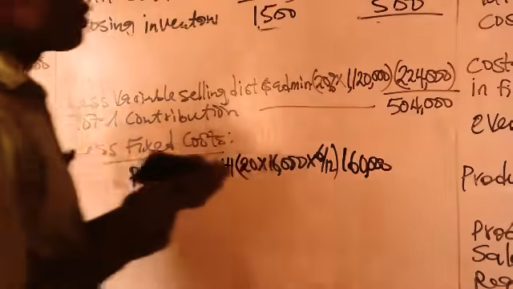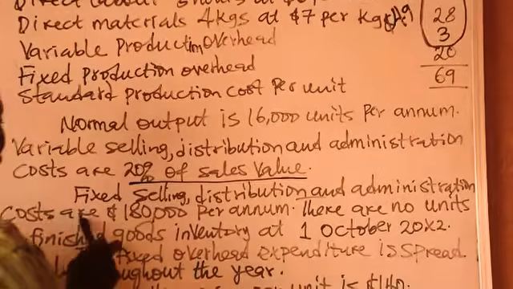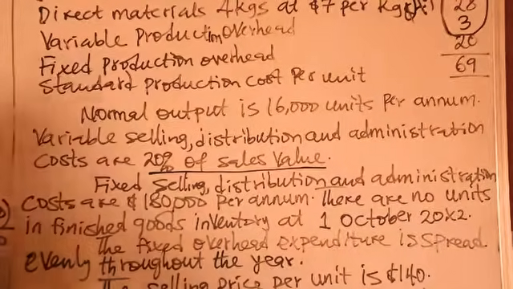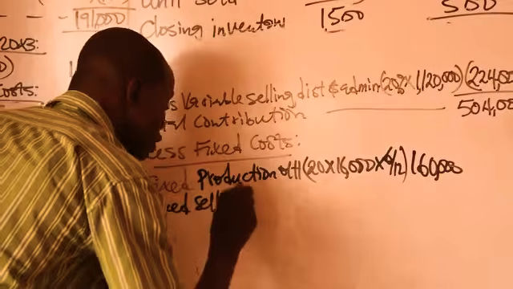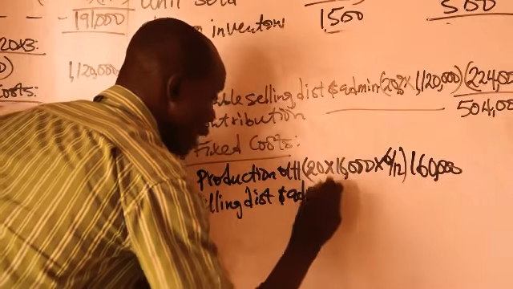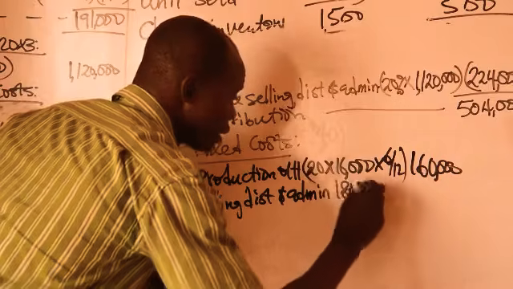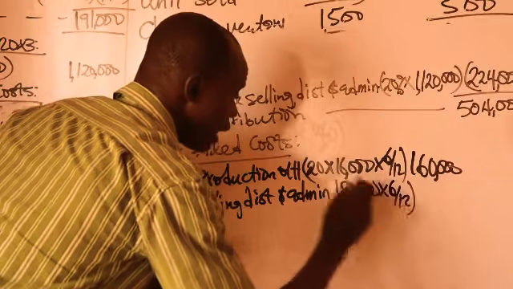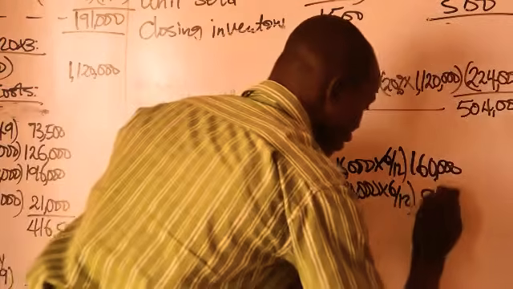Then you also have the fees, selling, distribution, and administration costs, which is 180,000 per annum. You need that for 6 months: 180,000 times 6/12, and that will give us 90,000.